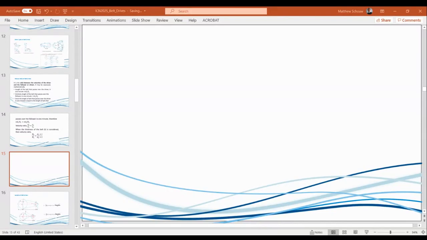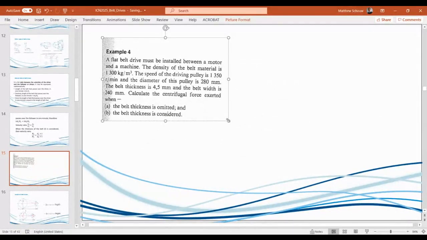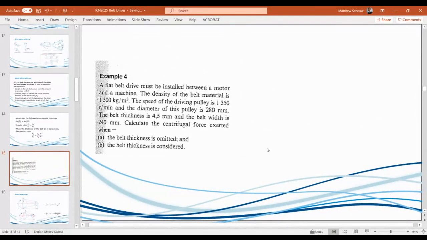Yes, sir. Okay, fantastic. Just give me a second here. I just want to find this example, in the extra examples I sent you.